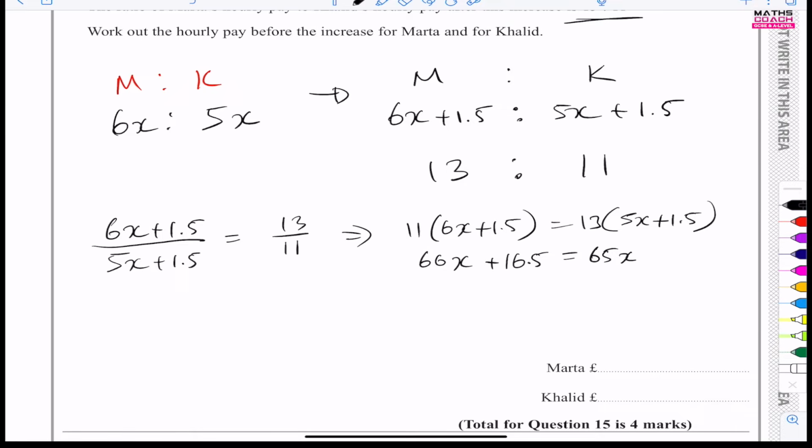And 13 times 1.5 is 19.5. If we collect all the x's on one side, so take the 65x to the other side, that would leave us with just x on this side. And then we take the 16.5 away from the other side. So 19.5 minus 16.5, that gives us 3. So we know now x is equal to 3.